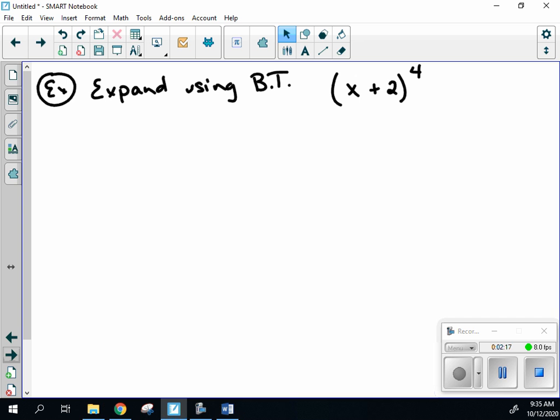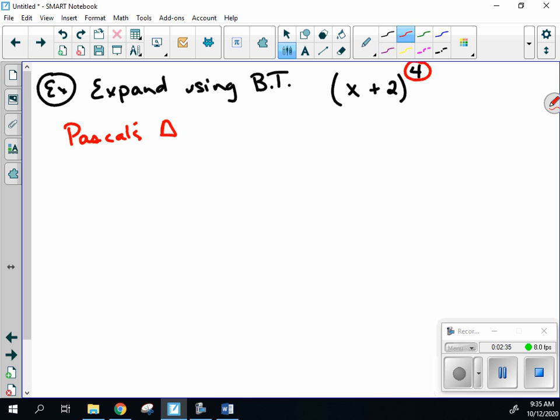So I'm going to use the binomial theorem, which is basically just an expansion of Pascal's triangle. So this little 4 here, my exponent, tells me what line of Pascal's triangle I need to use. So I'm using Pascal's triangle line 4. Okay, this is the exponent where you're looking for it.